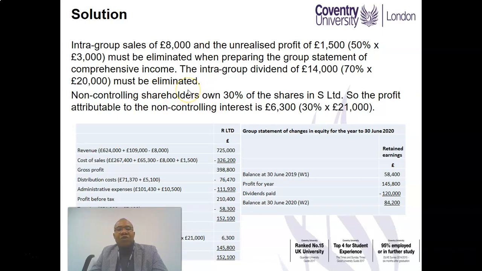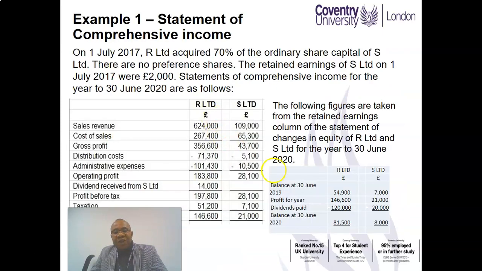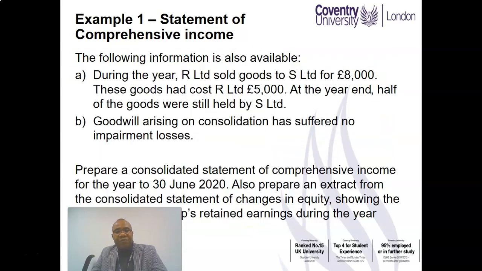Now, since R has 70% of S Limited, we have non-controlling shareholders who own 30% of the shares in S Limited. Therefore, the profit attributable to them is 6,300, which, if we go back slightly, is the profit of 21,000 at 30%.